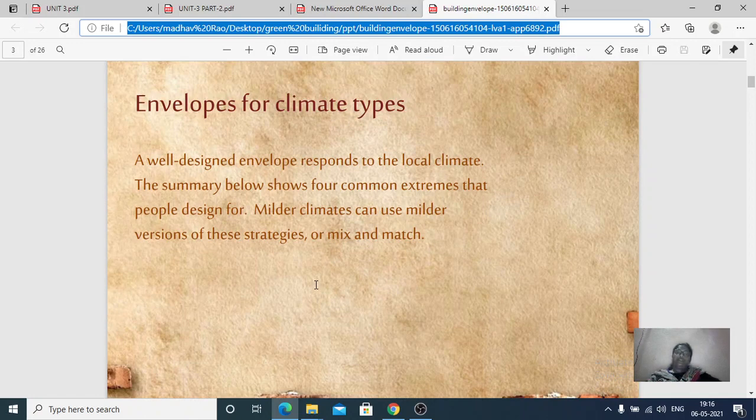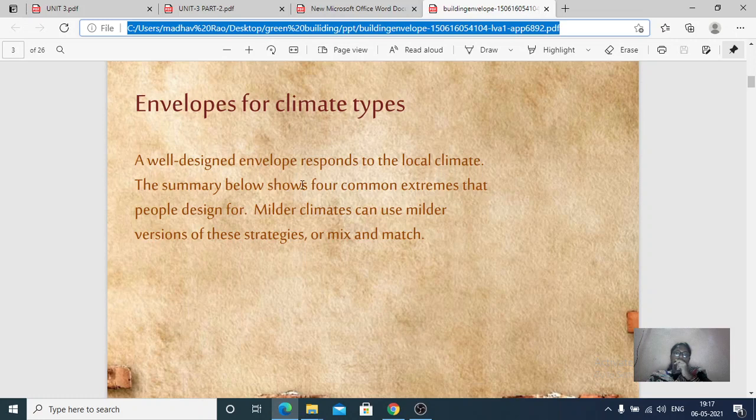So whenever we construct building envelopes, meaning partitions, roofs and walls, and the ventilation and how you place it, the heat transmission, heat emission and gases that will be produced should be taken into consideration.